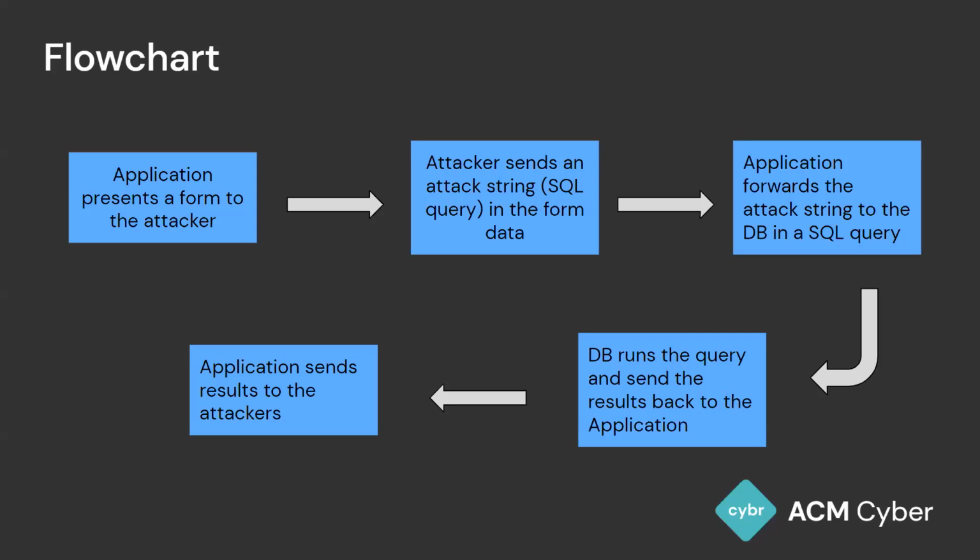But without this input validation in place, anyone can send manipulated strings or queries to the backend, right? Then the application forwards the attack string to the database in a SQL query. Finally, the database runs that query and gets the results back to the application, and then the application sends it to the attacker. So that's the flow of how injection attacks work.